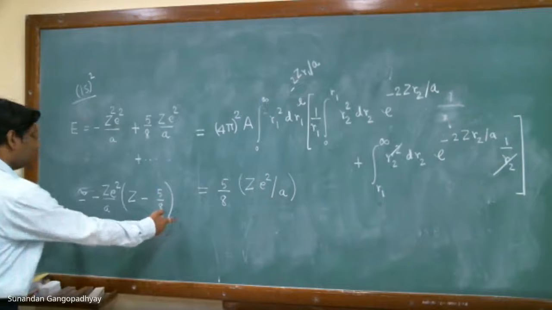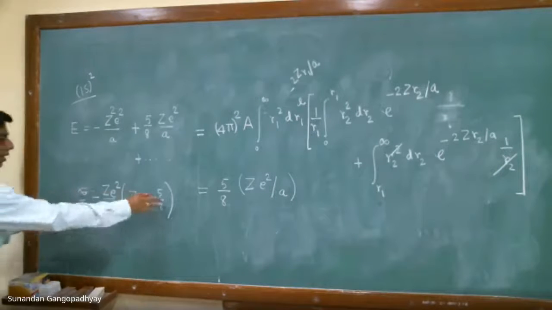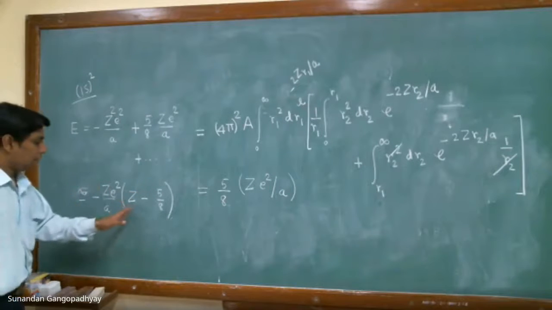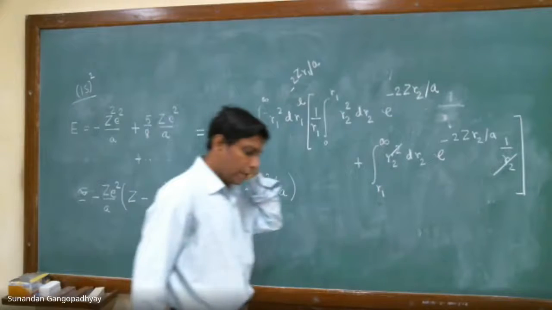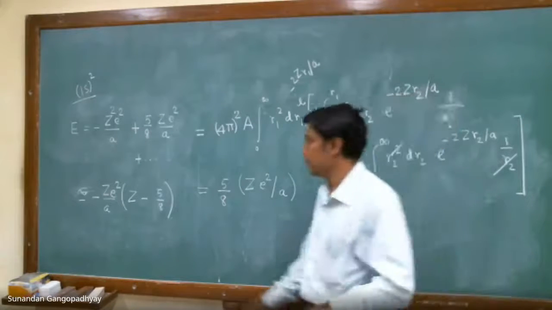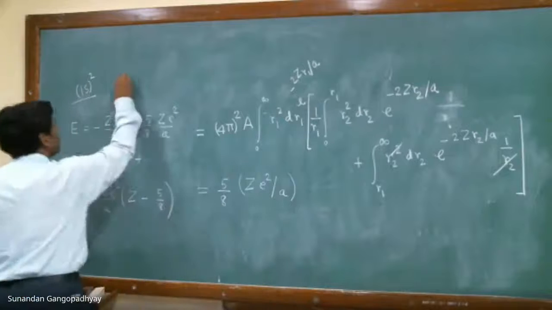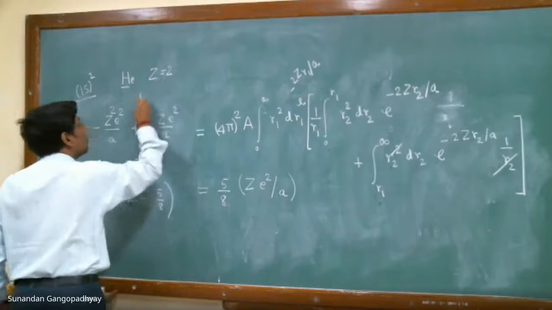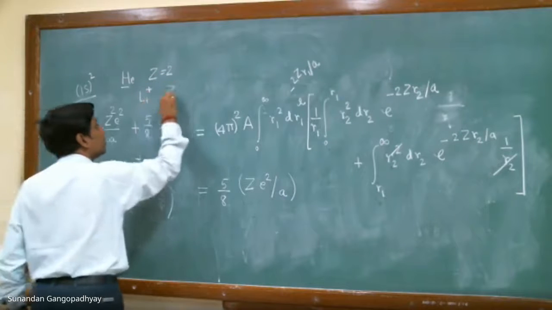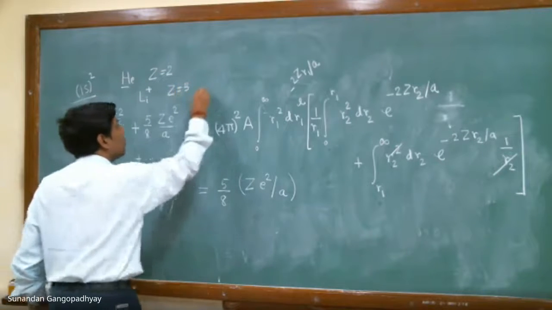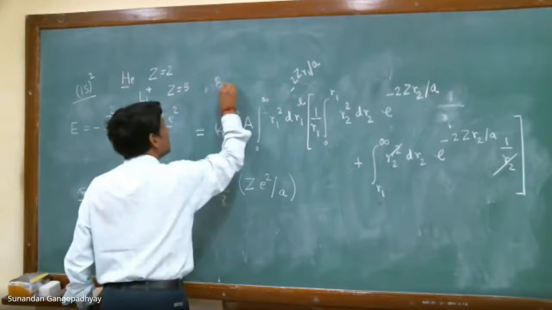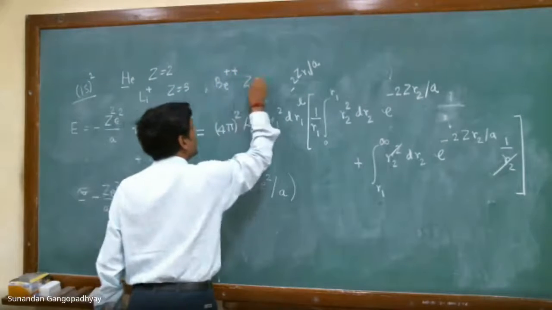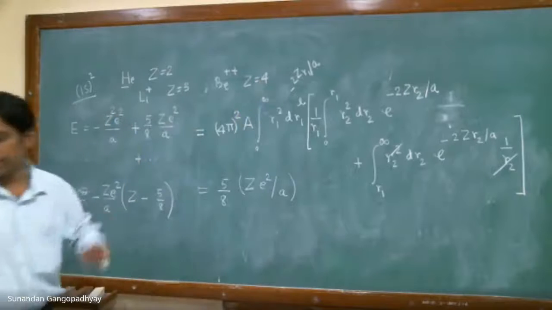So this is a nice result, where you have this atomic number Z also. So you can apply this result for the helium atom, Z is equal to 2. So for helium, Z is 2. For singly ionized lithium atom, Z is equal to 3. For doubly ionized beryllium atom, Z is 4, and so on.